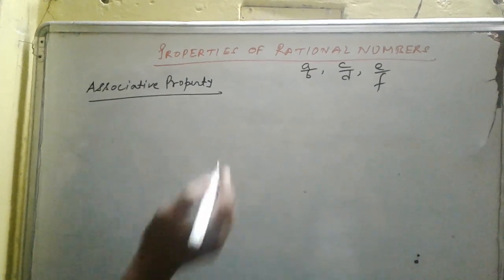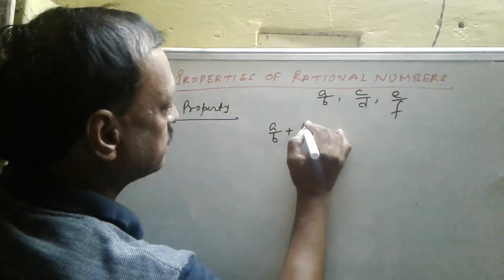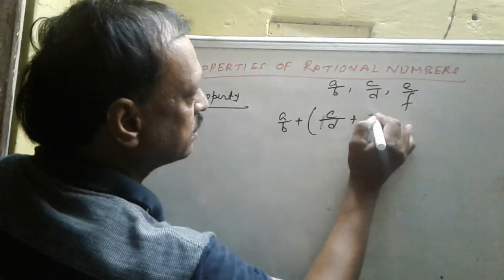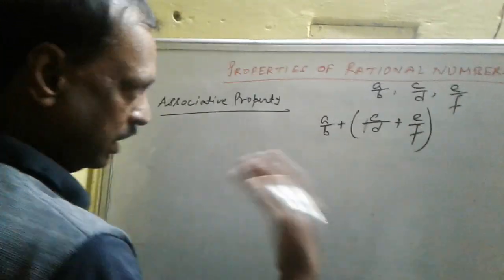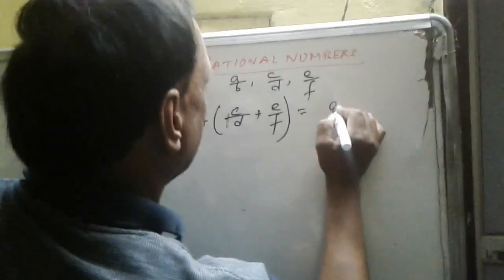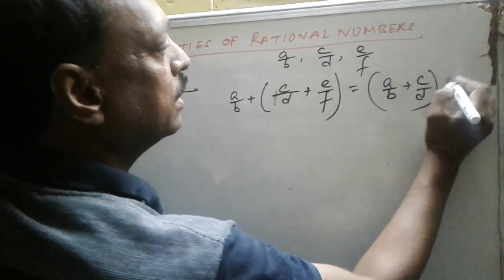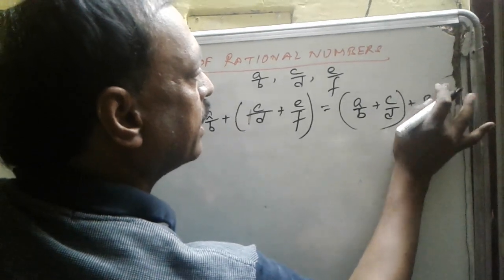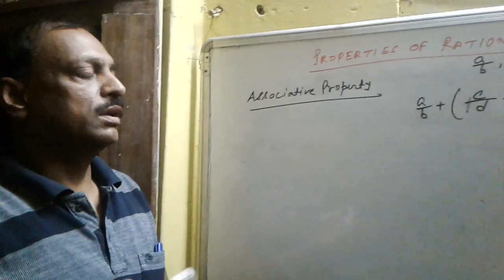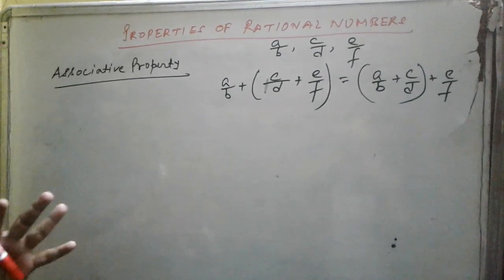If these numbers are written in this form, a by b plus c by d plus e by f, if this is changed in this way, a by b plus c by d plus e by f, then this is called, the form is in associative. This is the associative form.